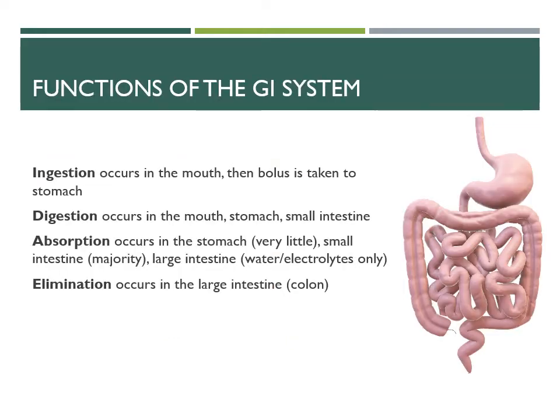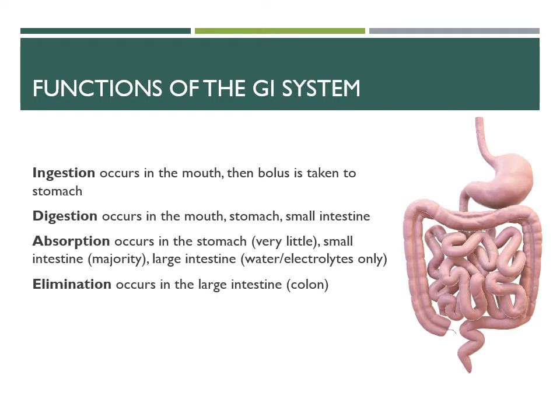So just think of what's the goal of the gastrointestinal system. It's to get nutrients into the body. That is the whole goal. Okay, so if we keep that in mind, then it'll make sense about why all these things are happening in terms of secretion and what the pancreas is doing, what the bile is doing.